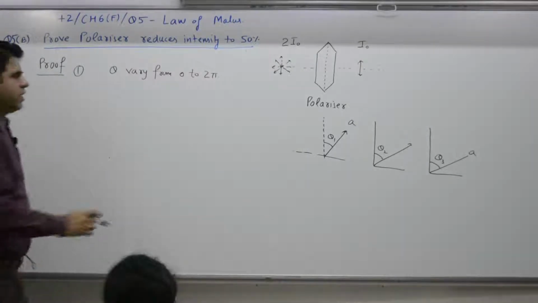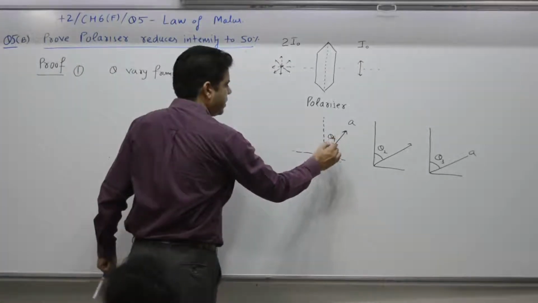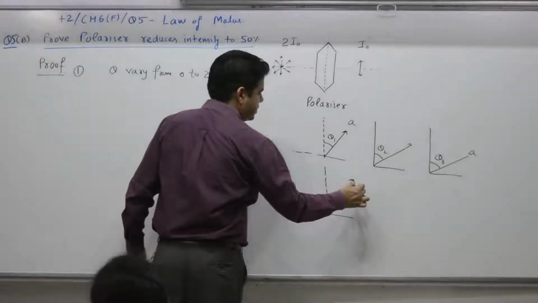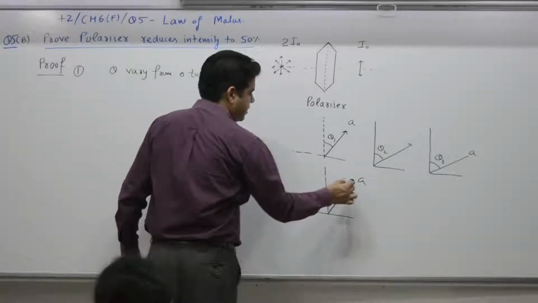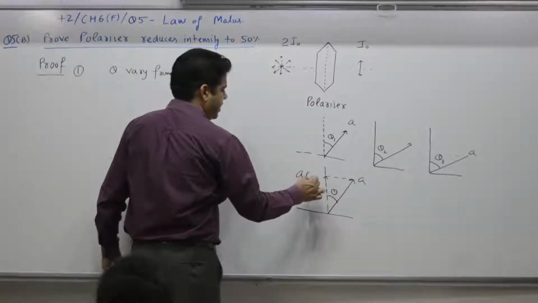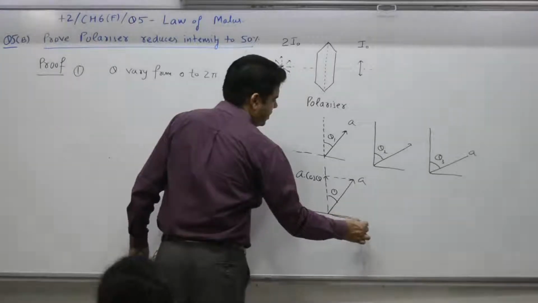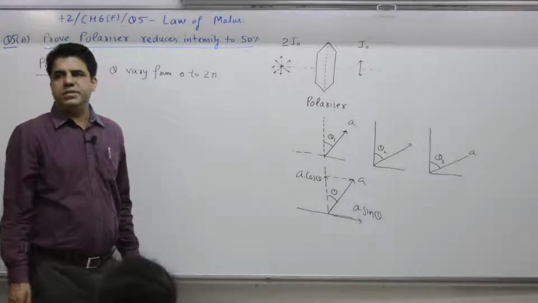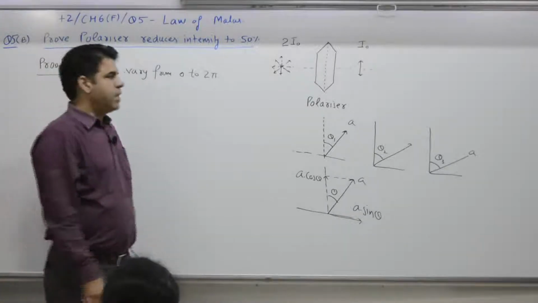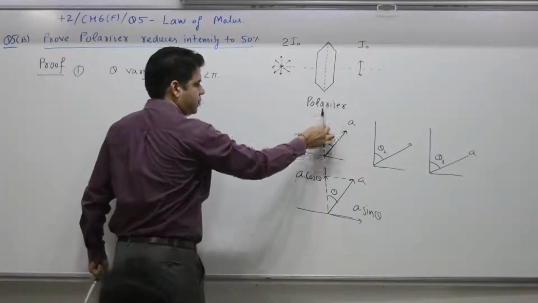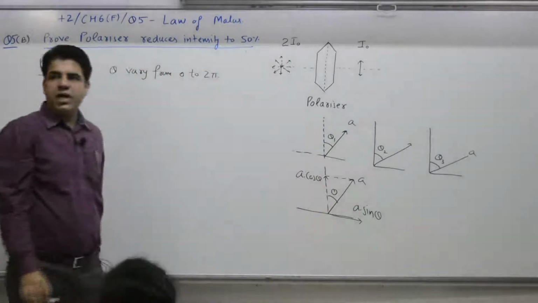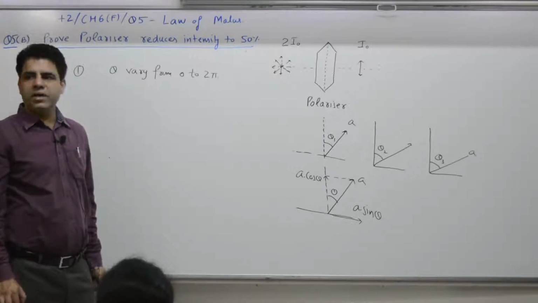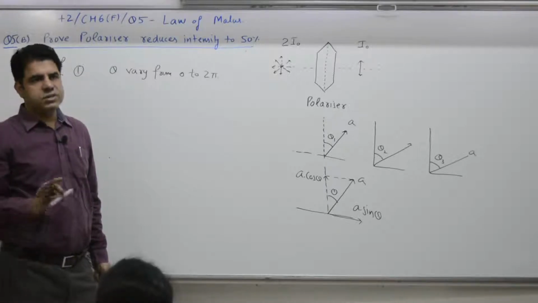The value corresponding to 1: this angle is theta or theta 1. The amplitude is A, the angle is theta. Its component is A cos theta. The perpendicular component is A sin theta. Which component is transmitted? The one parallel to this, which is A cos theta. So for each wave, how much of that parallel component A cos theta is transmitted?